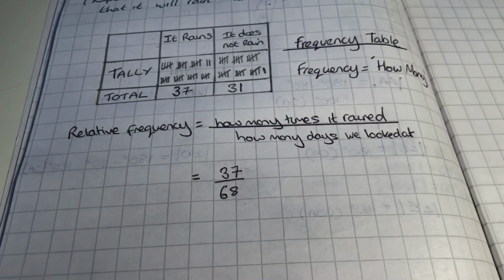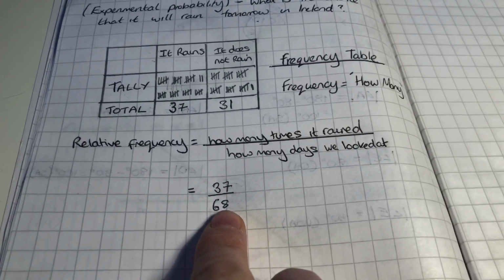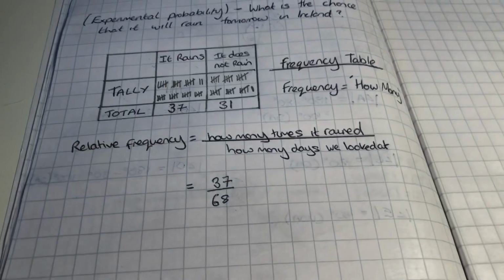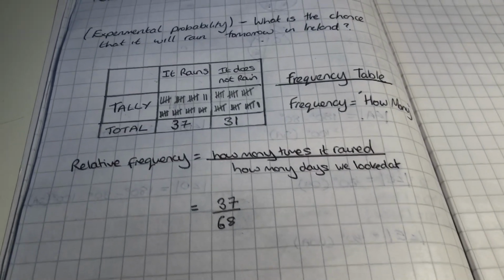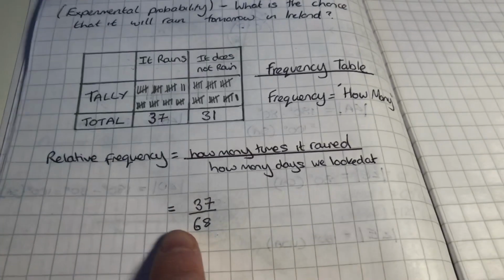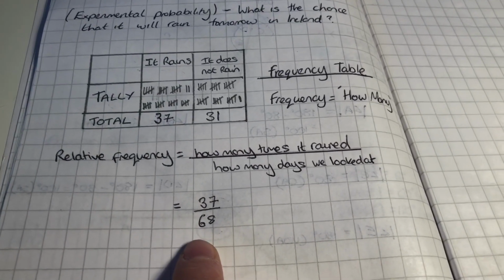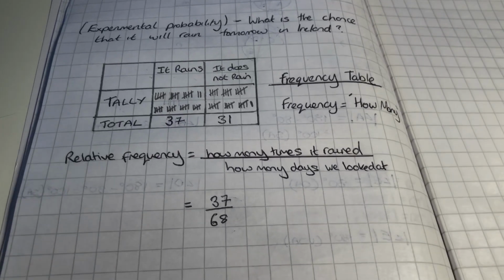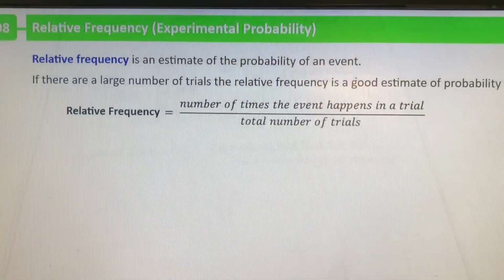Now, of course, our number of trials was just 68, which means that that's definitely not 100% accurate. The more days that we would have looked at, the more trials in our experiment, the more accurate this figure would be. But it's a good estimation, a rough, approximate idea.